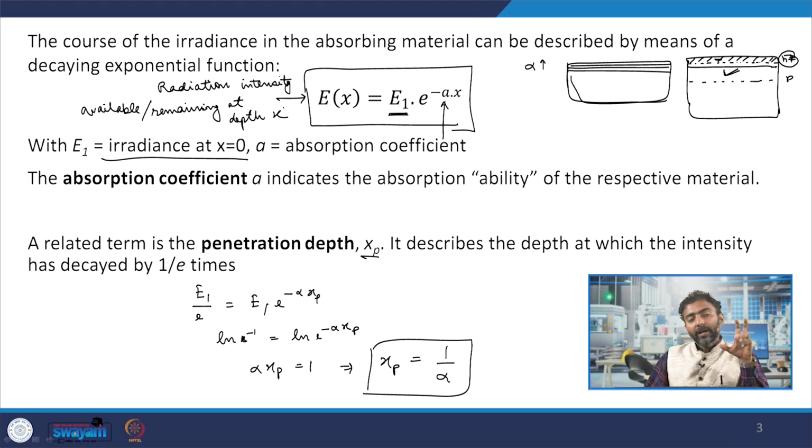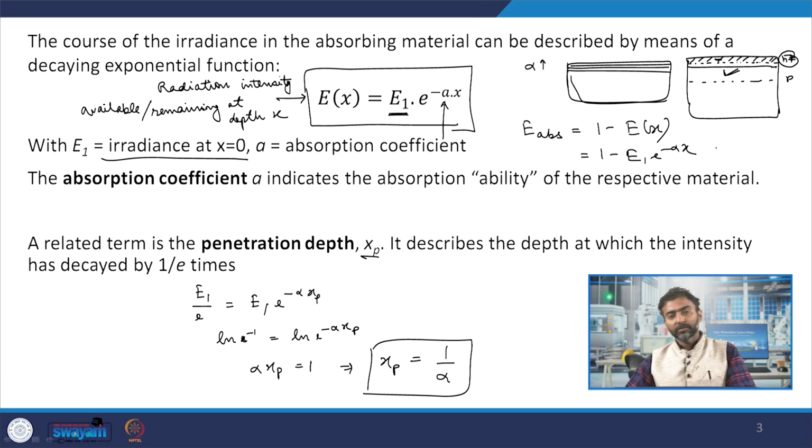So, if I want to find out the radiation intensity which has been absorbed till depth x, the intensity absorbed will be nothing but E1 minus E(x), or intensity absorbed will be E1 minus E1 e to the power minus alpha x. So, that is something we should always be careful about. I have seen some students making that mistake, confusing between how much radiation is available and what is absorbed.